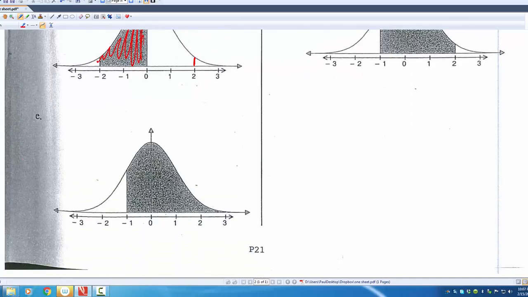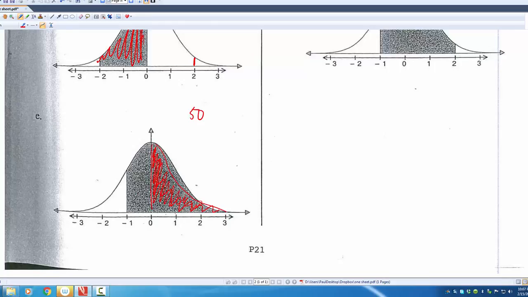Alright, let's have a think about this one. A good strategy on this one is to look at what you know. This part here to the right of the mean is just that question up above, that's 50%. So we've got 50% there, but we've got this little bit here.